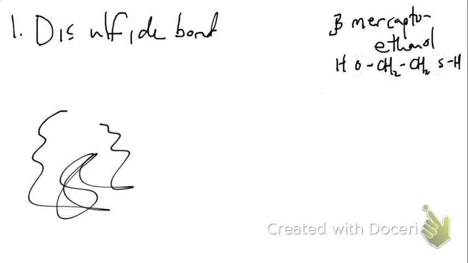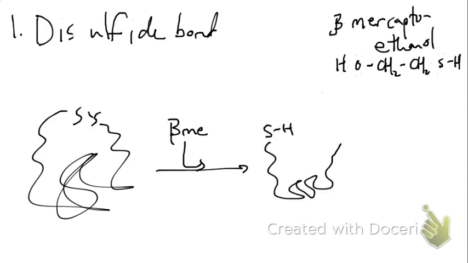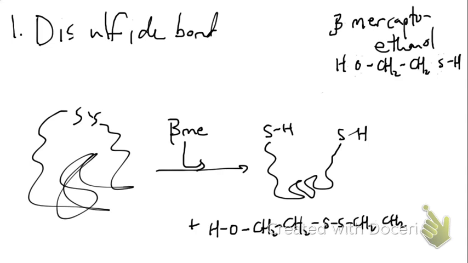So here's our protein, disulfide bond. We add a little bit of beta Me, and what we're going to get is the reduction of our disulfide bond plus the oxidation of the beta Me. And so that is the most gentle way to break a disulfide bond.